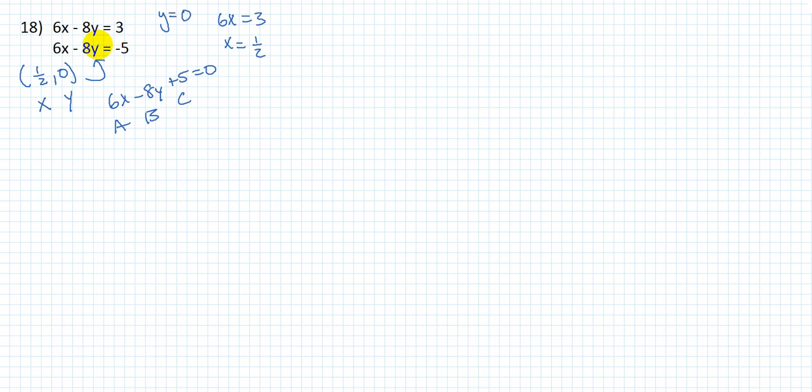Two parallel lines, the distance, you pick a point, and if possible, which should be almost every time, but doesn't have to be, y equals 0 could be on that line, and you just plug it in, or x equals 0. And so let's go ahead and write our formula. D equals ax1 plus b y1 plus c, all over plus or minus the square root of a squared plus b squared.